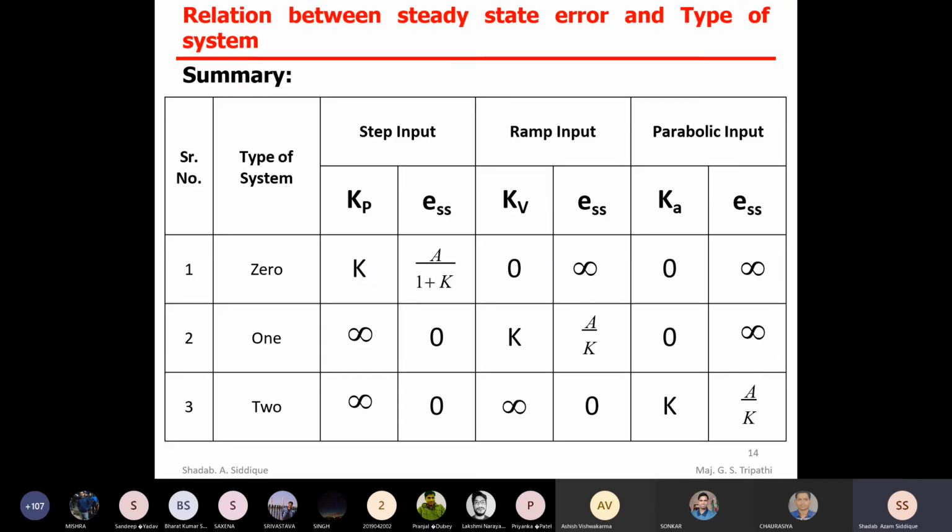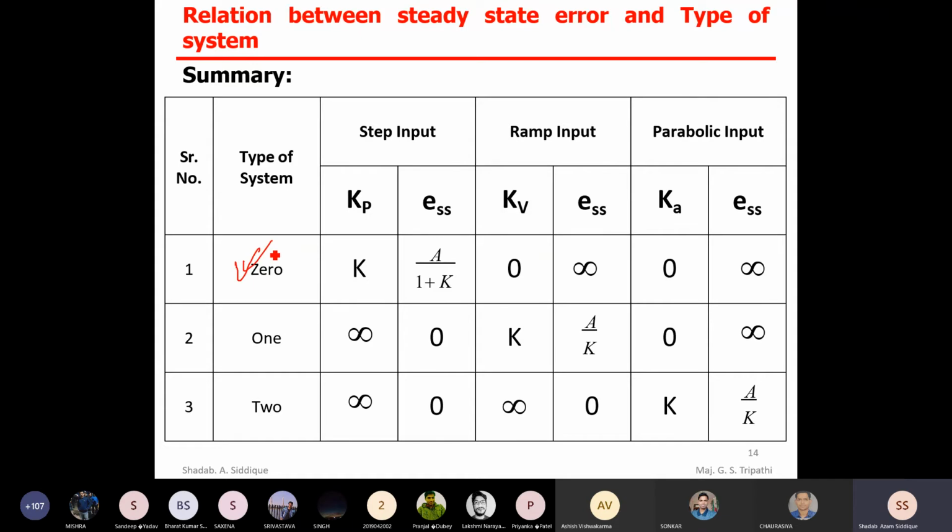Now, to summarize all these in one table, this is the relation between steady state error and type of system. Please see this table; the summary table is very important. Let's begin with type 0 system.